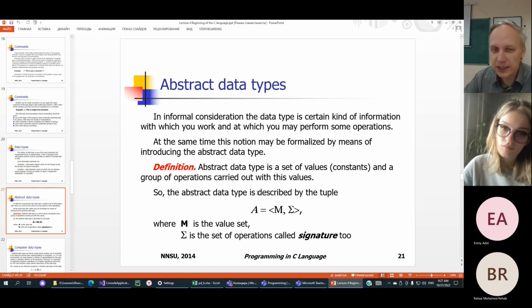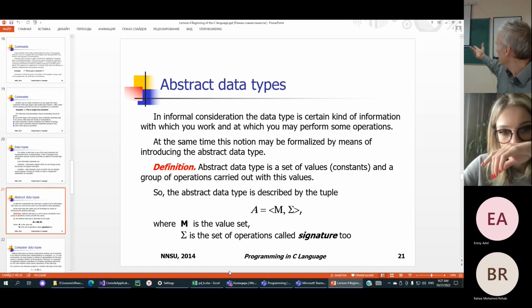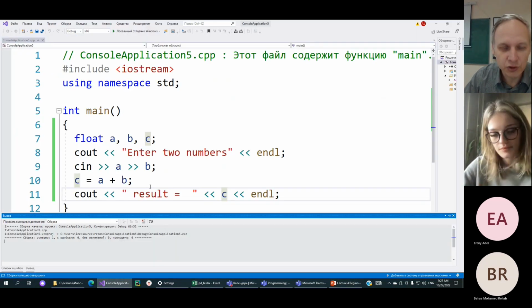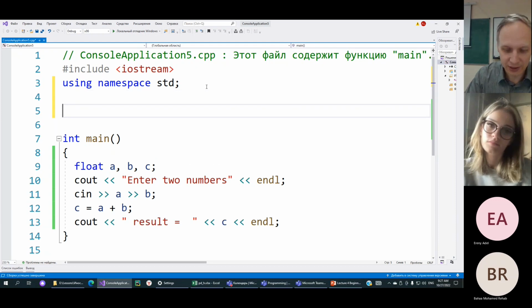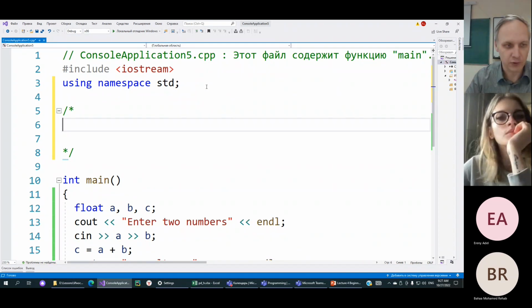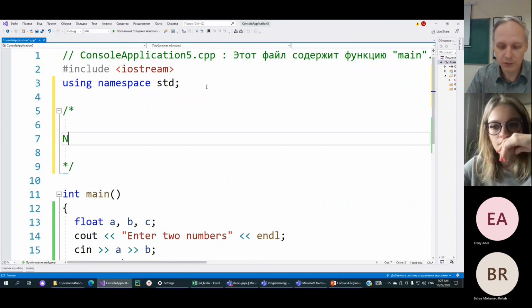Okay, it's hard to write on this board, but maybe I try to write not on a board, but in Visual Studio here as a comment. Natural numbers: 0, 1, 2, 3, 4, 5, and so on.